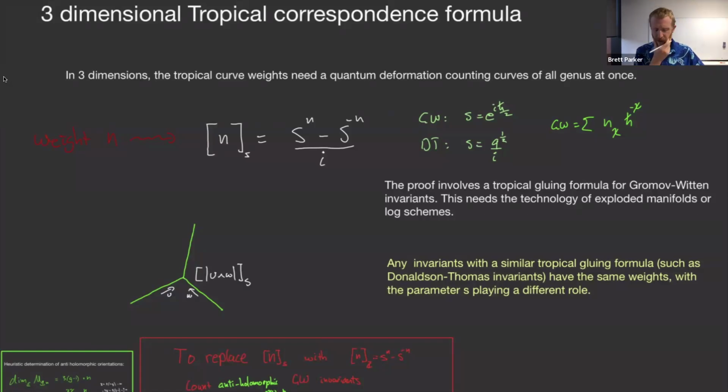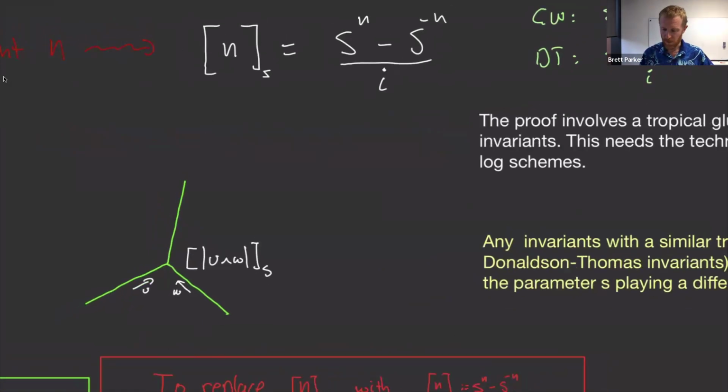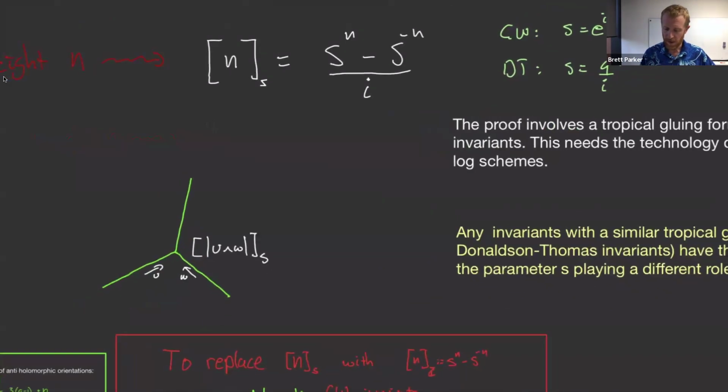Okay. And there's a 3-dimensional tropical correspondence formula I proved a while back to count holomorphic curves. What you do is you do the count that you'd imagine from the old correspondence formula, except you make a quantum deformation of the weight.